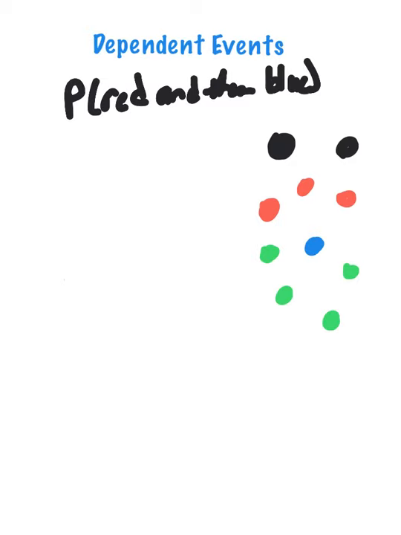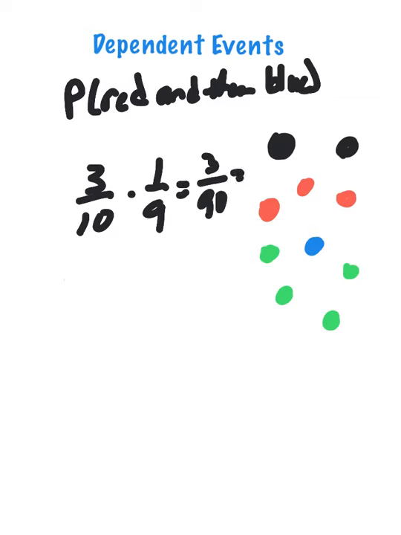So the probability of getting a red one is 3 out of 10. But now my probability of getting a blue one isn't 1 out of 10 anymore. It's 1 out of 9, because there's only 9 after I've taken one away. So that's 3 out of 90. And then I can just simplify that to 1 out of 30. That's where we had some trouble with the assignment.